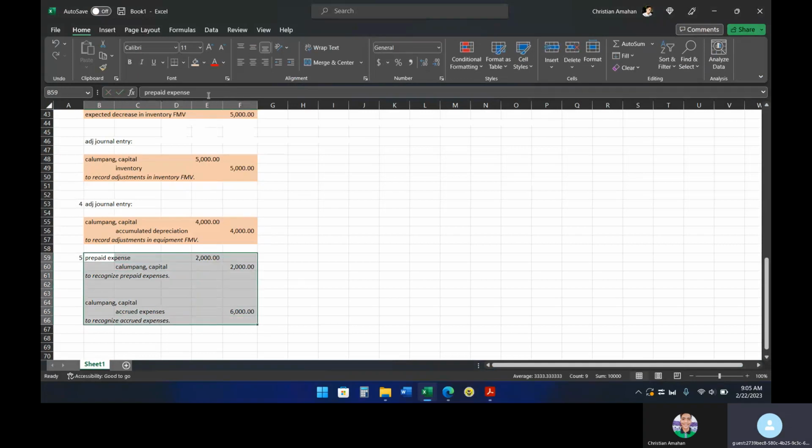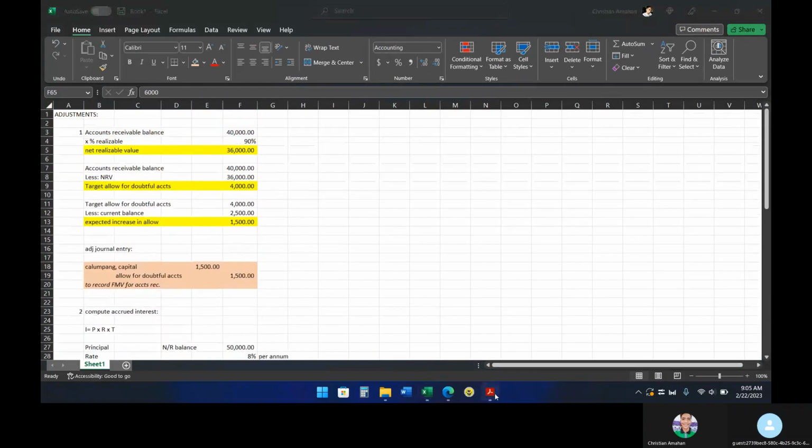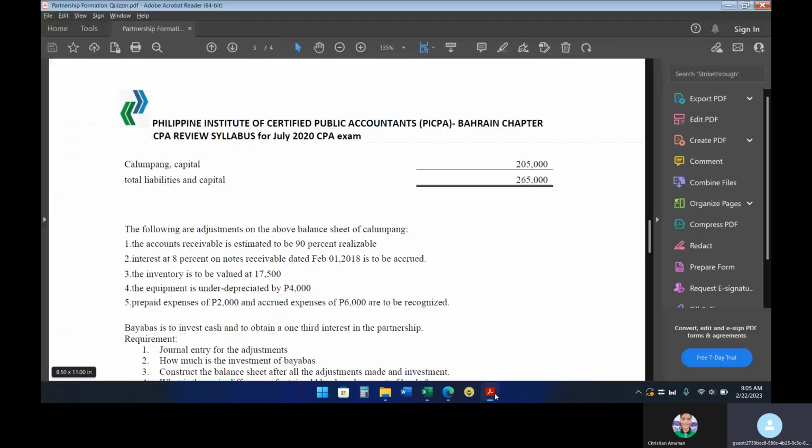Okay, so we have two adjusting entries for adjustment transaction number 5. We recognized prepaid expense and we recognized accrued expenses. Now, we are done with all the adjusting transactions. So we have completed requirement number 1, journal entries for the adjustments.